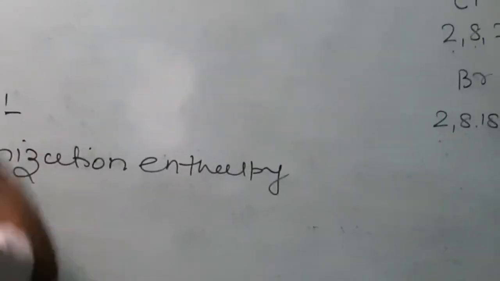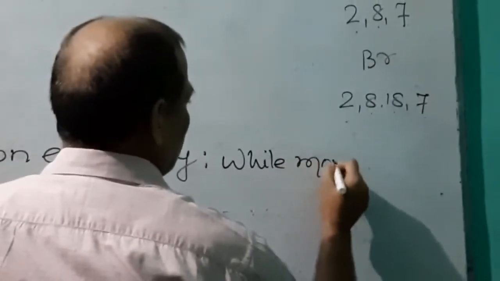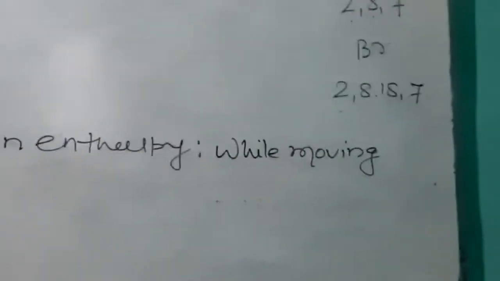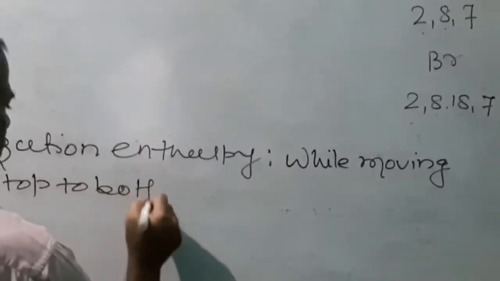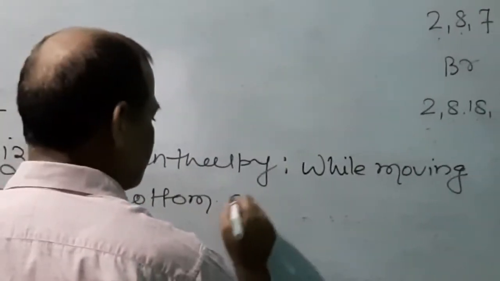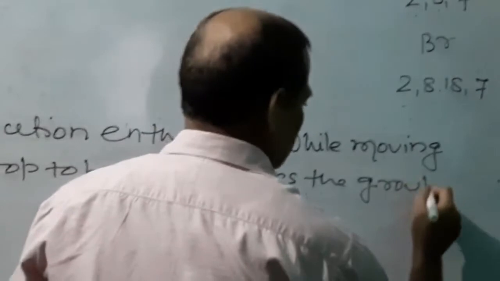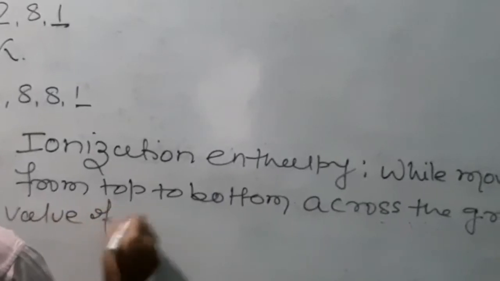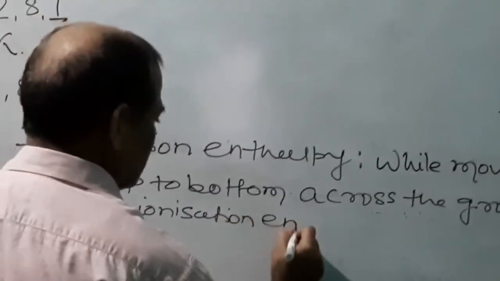So while moving from top to bottom across the group, the value of ionization enthalpy or ionization energy decreases.